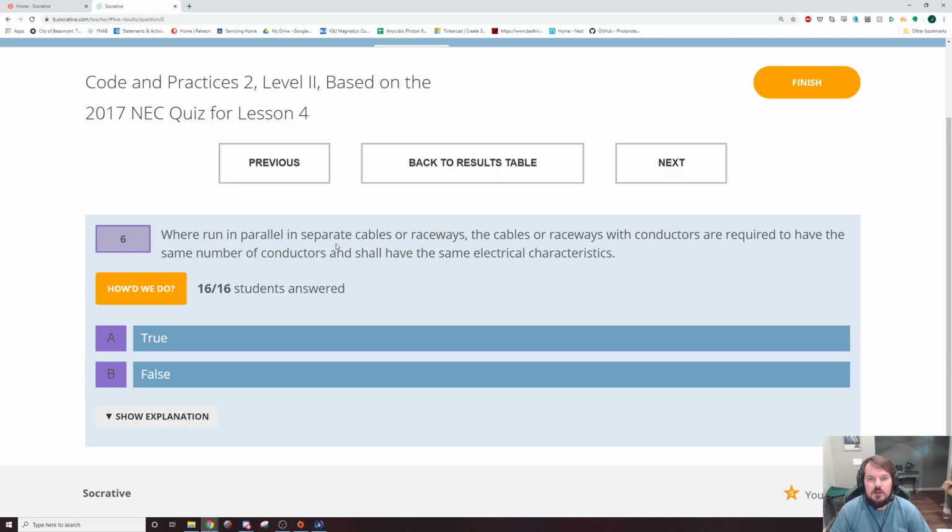We're talking about I was running the conduits and I had to run one of the conduits a different direction and come around the other side of the building to get where it needed to be. Or something like that. I'm not entirely sure what the situation would be where you would run drastically different lengths, but it's important that you don't.